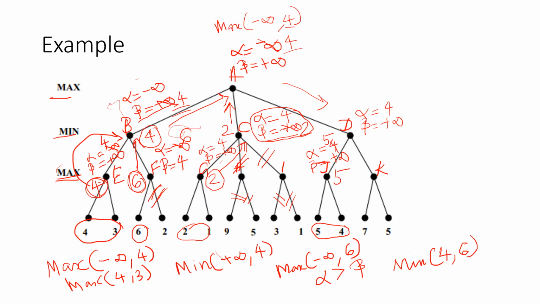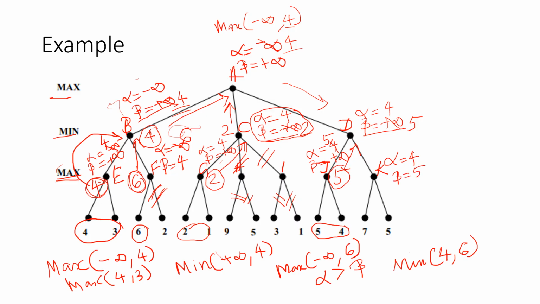Then this 5 goes upwards, and at D beta is updated. This is a min node, so beta is updated. So plus infinity or 5, which one is minimum? 5 is minimum, so it is updated to 5. So here beta will be 5, and alpha is equal to 4 and beta is equal to 5 will go downwards.